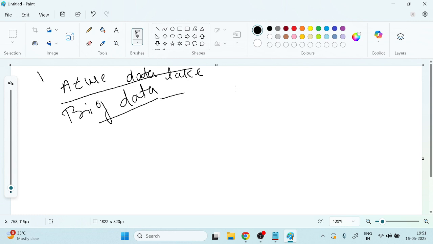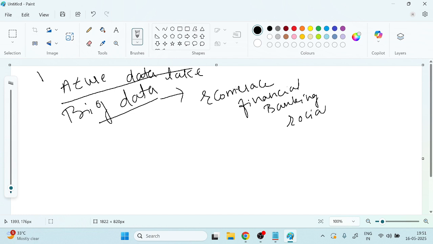E-commerce, financial data, banking data, and social media data. All this data will be accepted as big data.